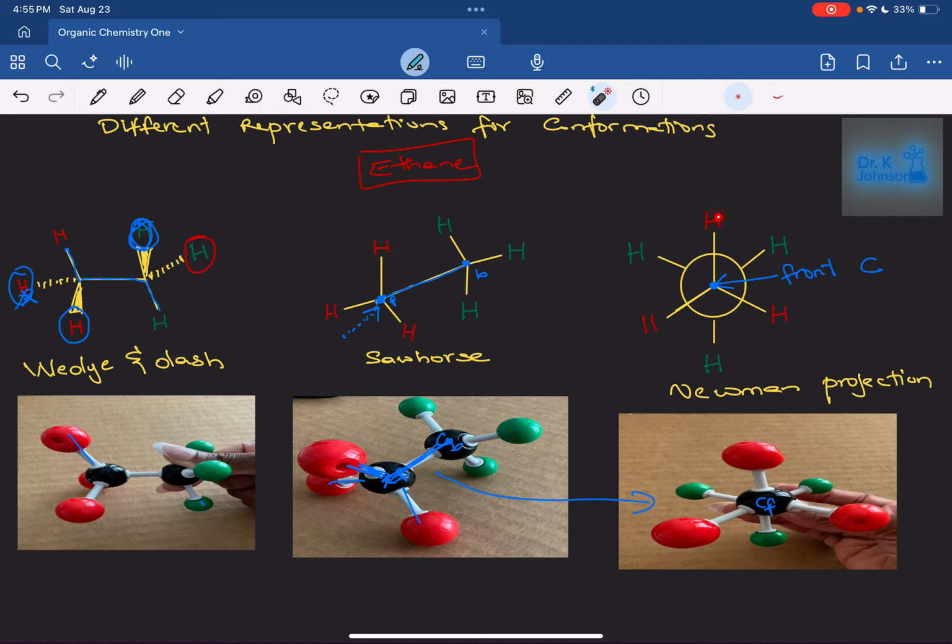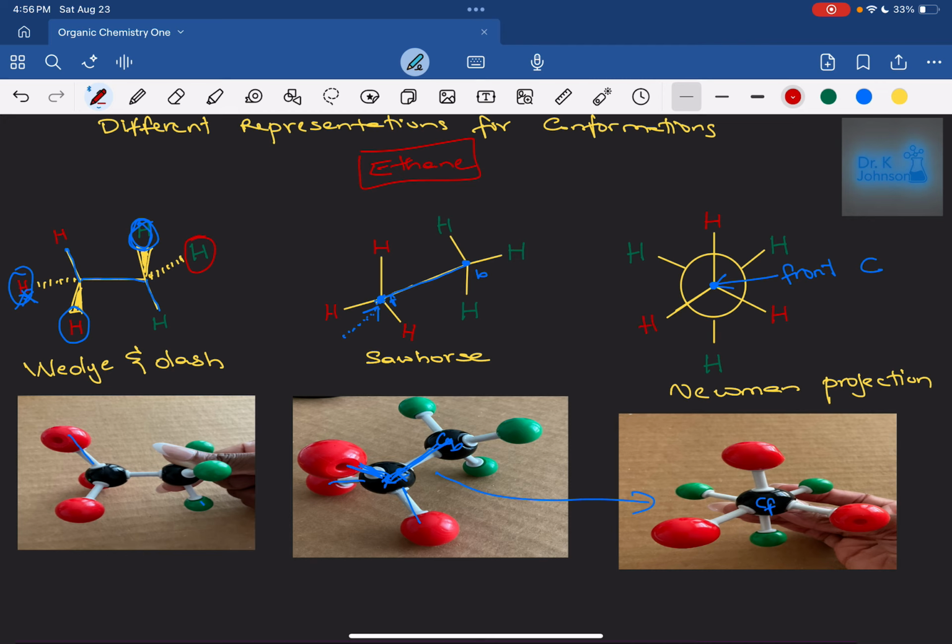That's what this is. On the left, you have one hydrogen, that's this hydrogen. Notice you're keeping the same pattern: one hydrogen, one hydrogen, one hydrogen. This hydrogen corresponds to this, this one corresponds to this one, and this hydrogen here corresponds to that hydrogen. All right, so that's the front carbon.